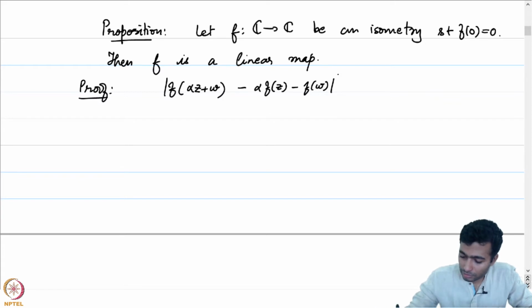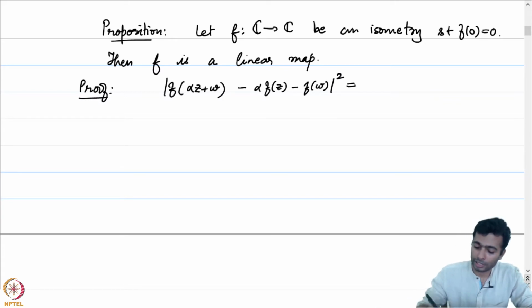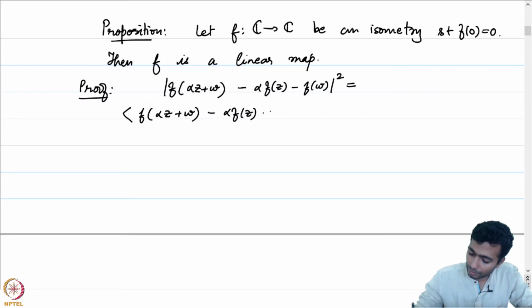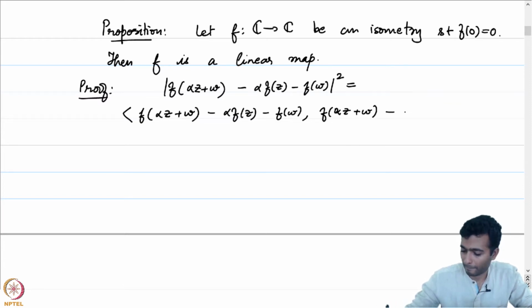We will use the same tricks as in the previous case. The square of this can be written as the inner product of that element with itself.